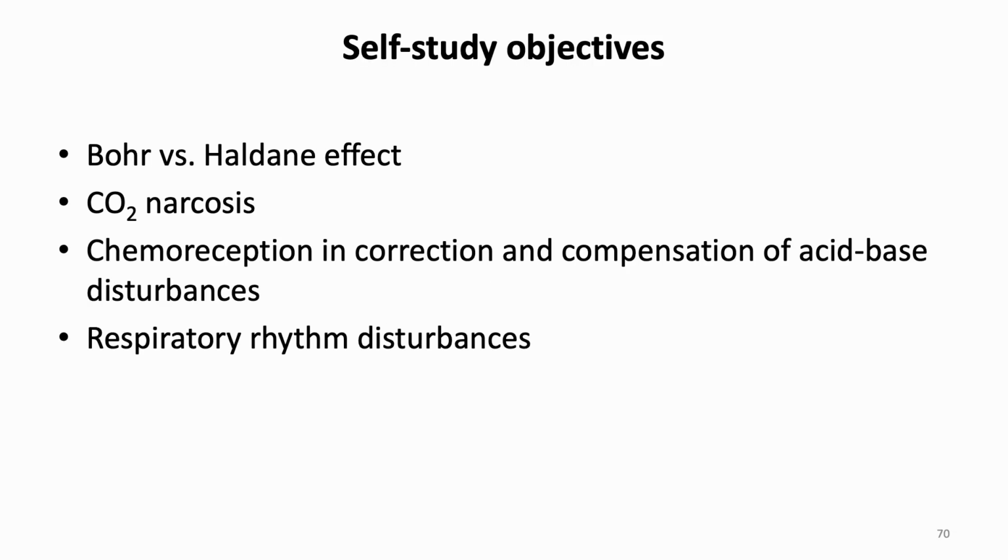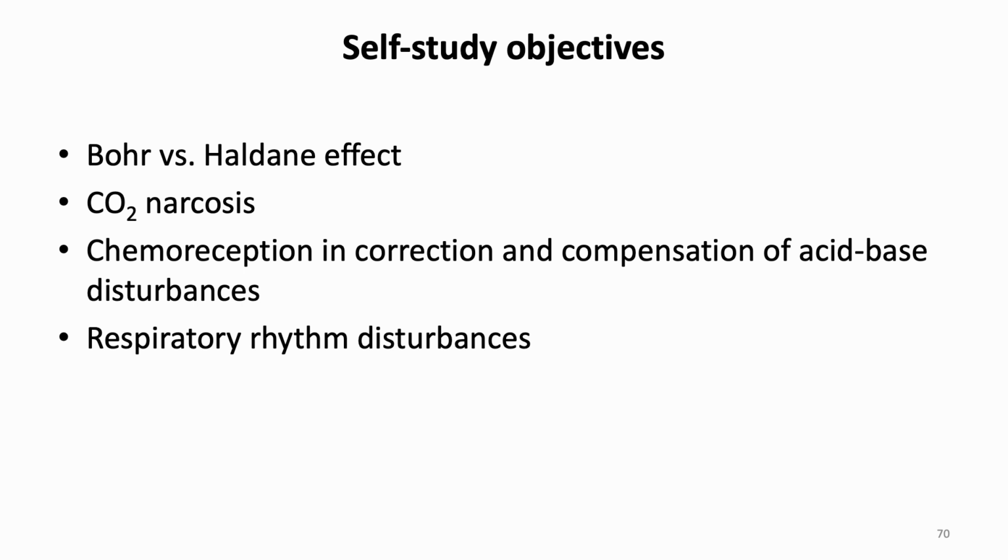In terms of self-study, I suggest that you study the Bohr effect and the Haldane effect, and think about how each of them contributes to optimizing the transport of gases in blood. To follow up on the curves that I have just discussed, the whole CO2-centric view, I would also encourage you to read about CO2 narcosis and read it in the light of these curves and this whole concept of CO2 centrism.